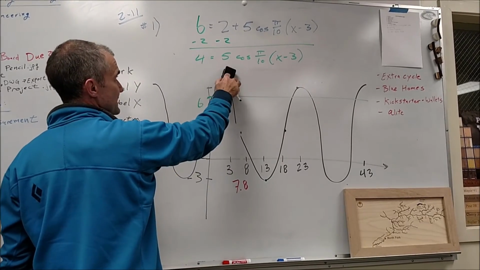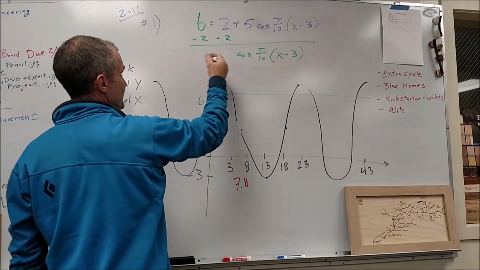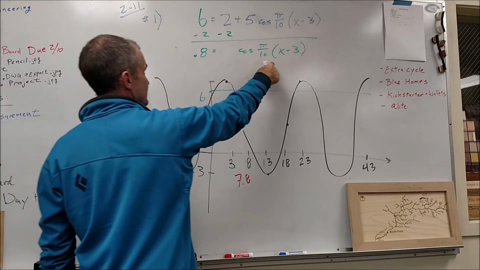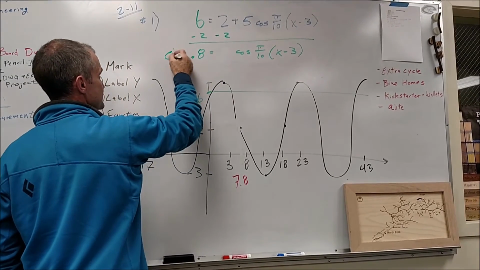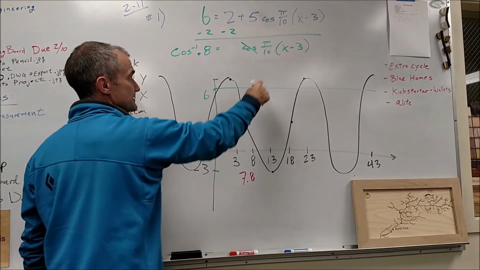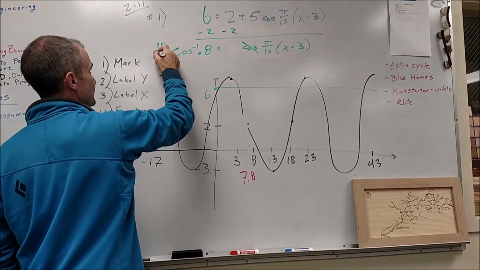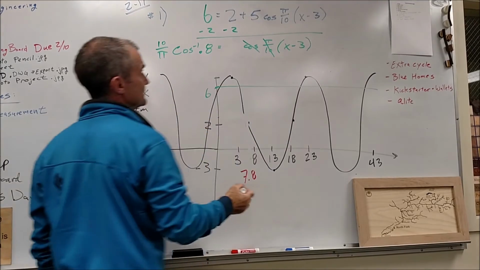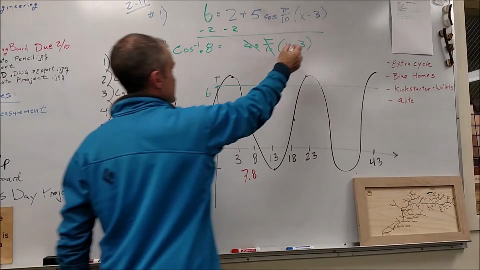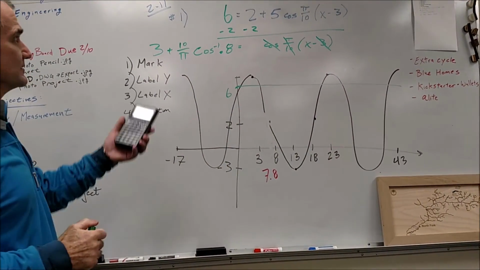So I'm going to divide both sides by 5. 4 divided by 5 is 0.8. Isolating this, I take the arc cosine of both sides. Still trying to get this by itself, I multiply both sides by 10 over pi. And now I'm going to add 3 to both sides. So now I can see x is equal to that.